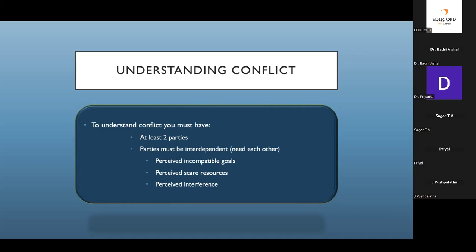If it's scarcity for one person, the other says it's abundance. And the interference, how people interpret things in their minds, is also a reason why conflicts occur. Is that clear to everyone?